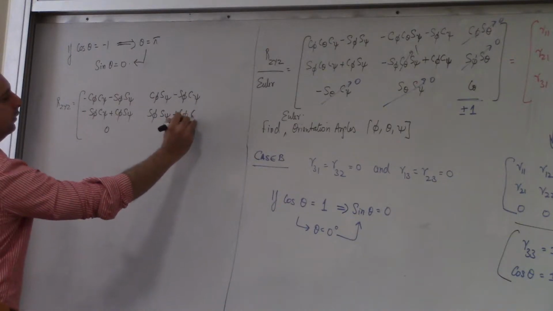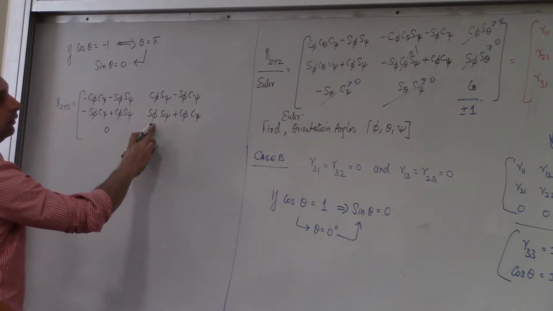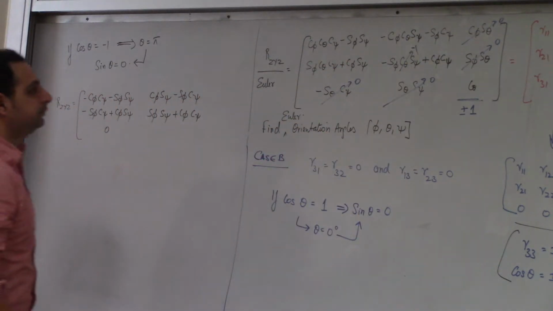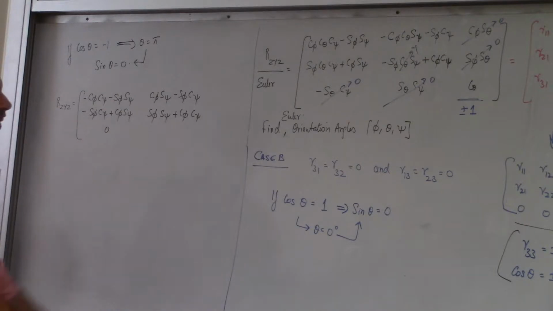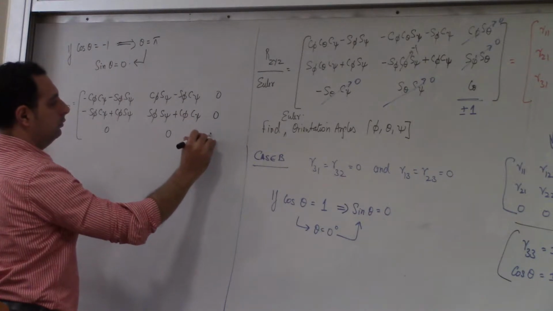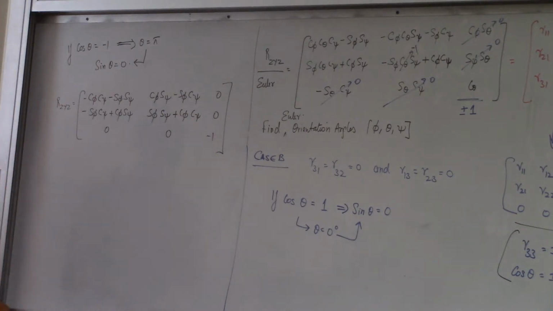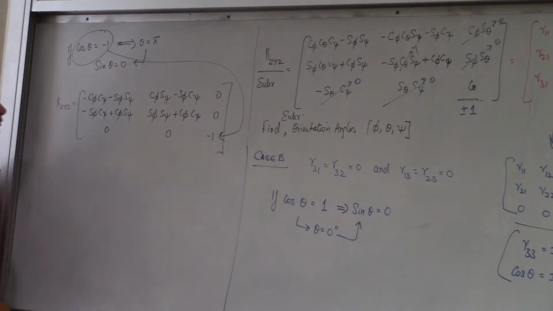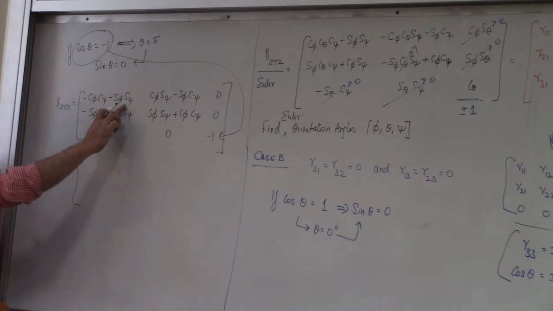Which one? Sine. This one? This will be my negative 1, right? Okay, cos theta is negative 1. So this one is negative. So this would be equal to, you'll have negative cos theta minus psi.